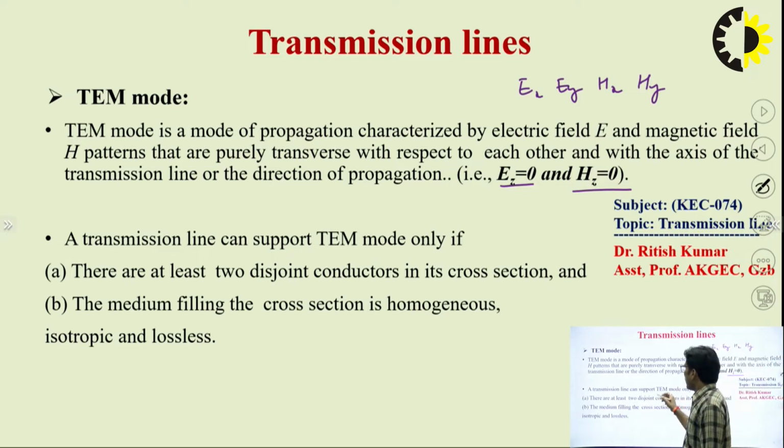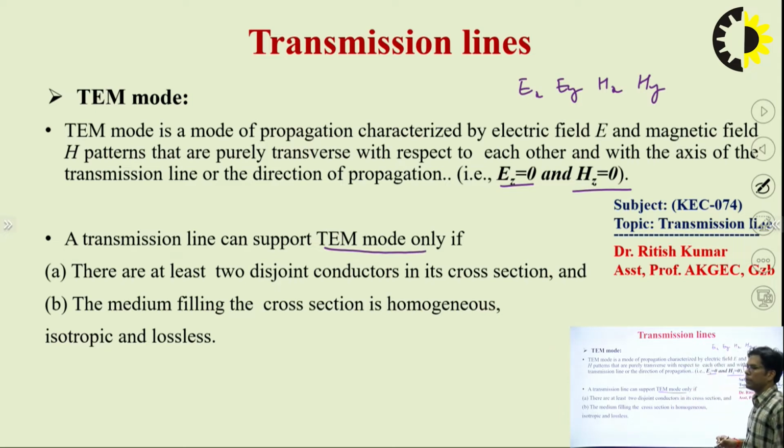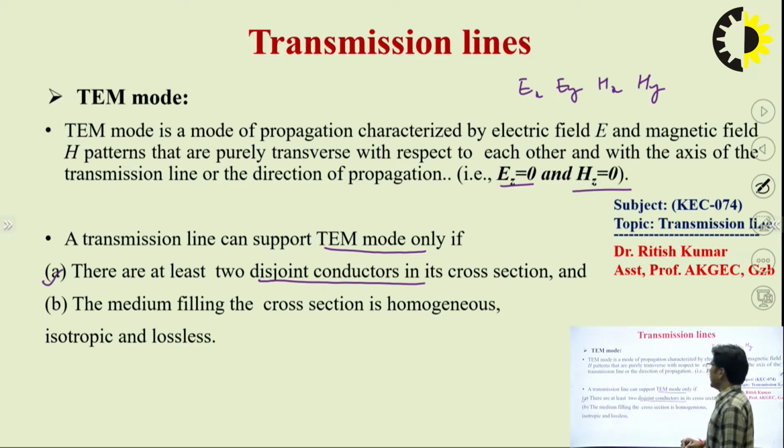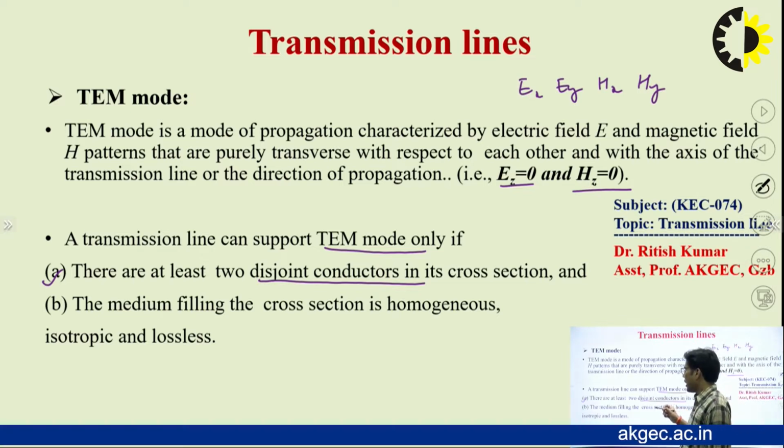If we talk about the TEM mode, there are some conditions which need to be satisfied. The first one is that at least two disjoint conductors should be present in the transmission line, such as we discussed, the coaxial cable, and apart from that we have stripline as well.